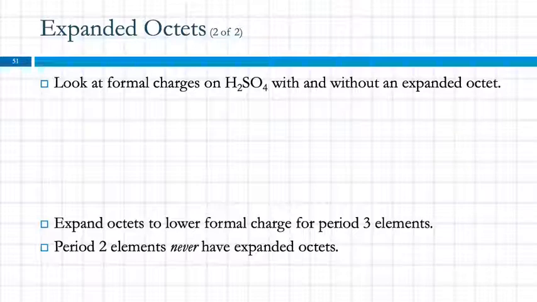Let's do sulfuric acid, H2SO4. So sulfur, oxygen, oxygen, oxygen, oxygen. For the oxyacids, the hydrogens are on one of the oxygens.